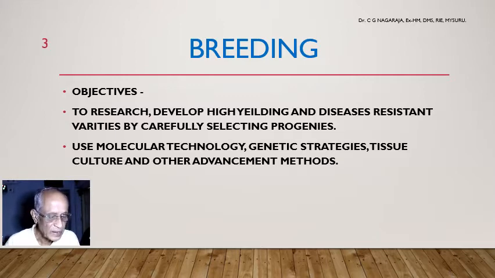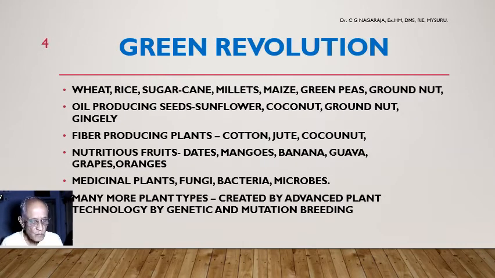It should have desirable qualities and they should be disease resistant. And for this purpose, we have to use molecular technology, genetical methods, tissue culture, and other advanced methods to produce the desired type of progeny that would benefit human beings or humankind. And that is the objective of breeding.